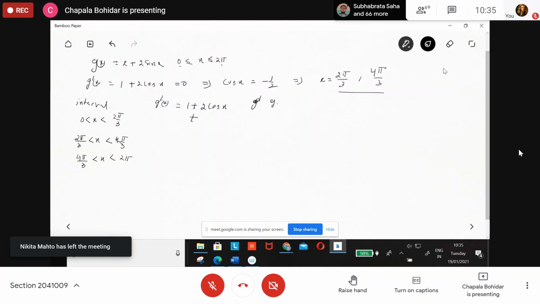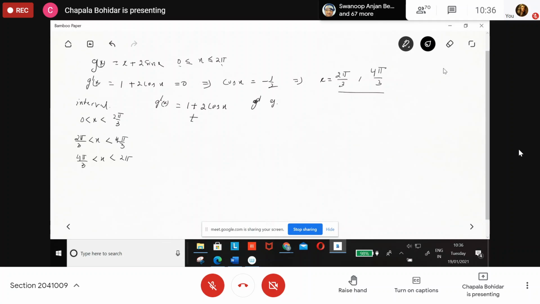Then here, 2 pi by 3 to 4 pi by 3. At 2 pi by 3, what do we get? We get minus 1, negative. Here at 4 pi by 3, I am also getting a negative value, minus 1.